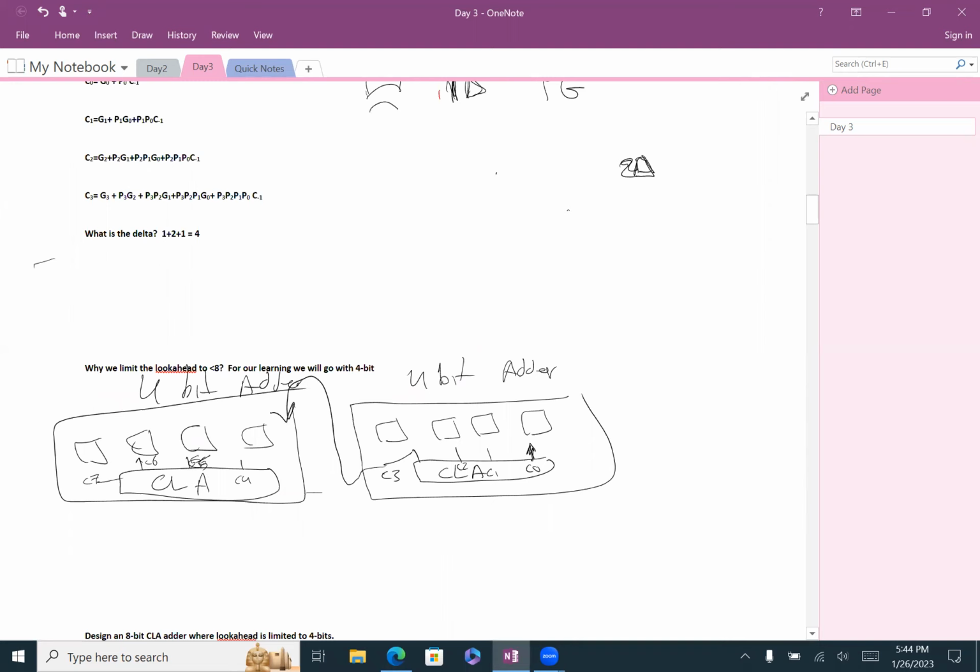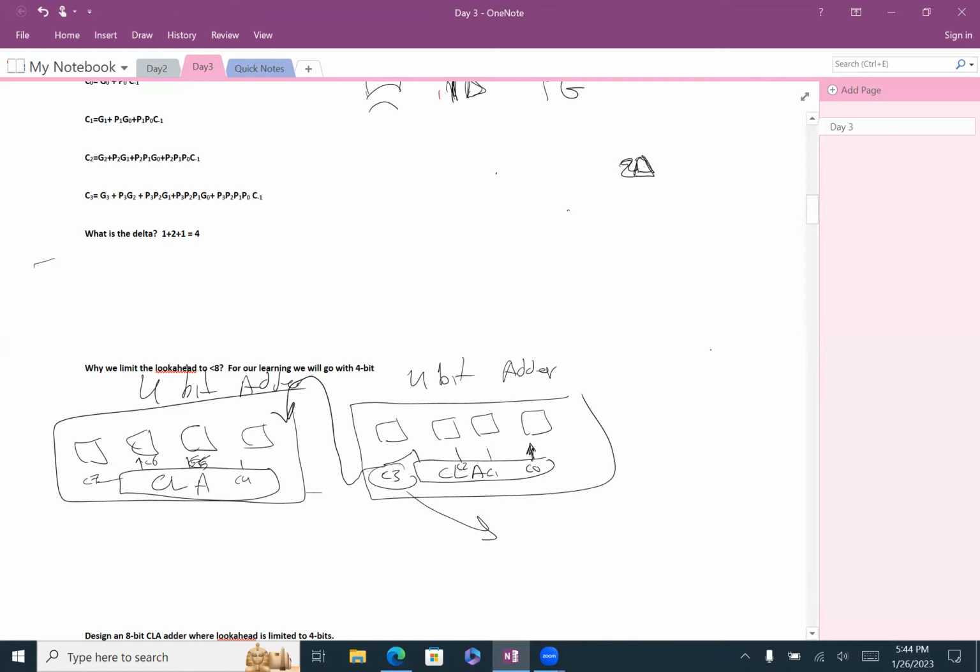So what is the delay in this case? What's the delay to get the C3? 3 delta.